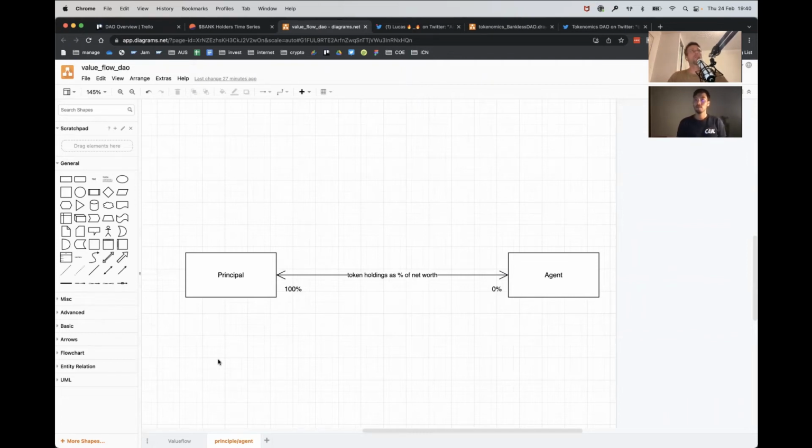So maybe I'll go back to this Bankless DAO thing. I had to buy these tokens and then I joined. After I joined, I found something really interesting, comparing it to a normal work job relationship.